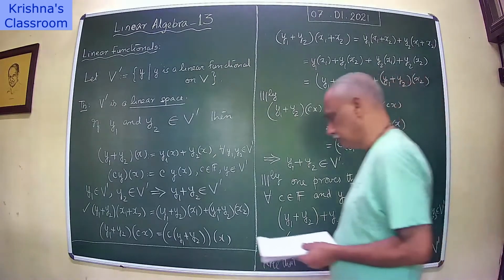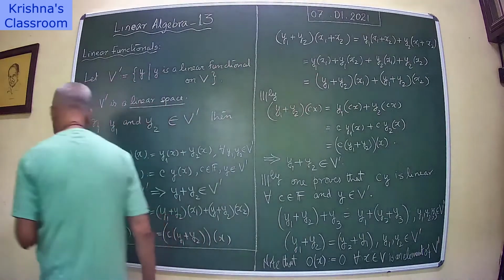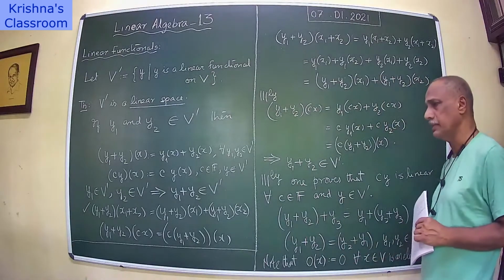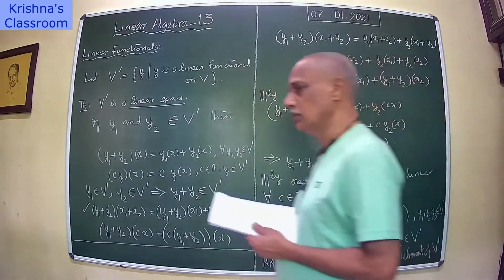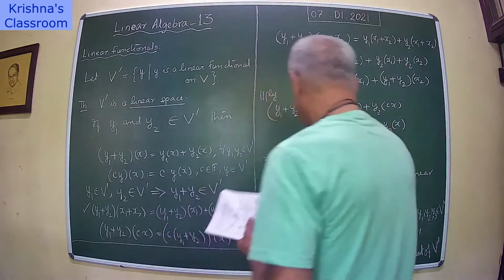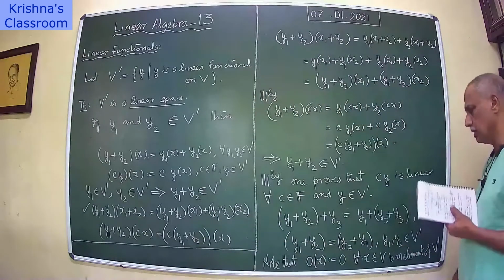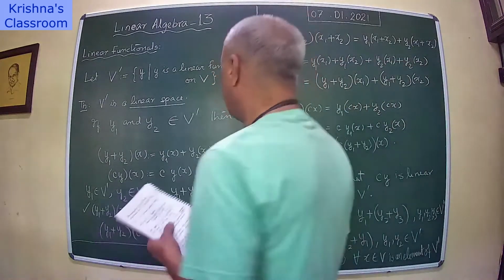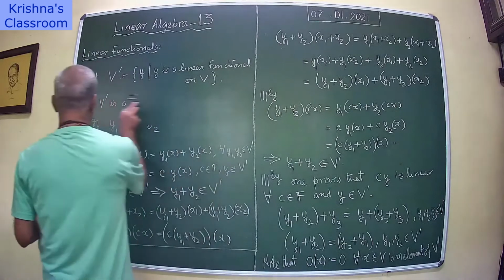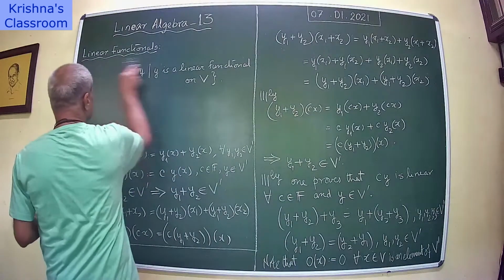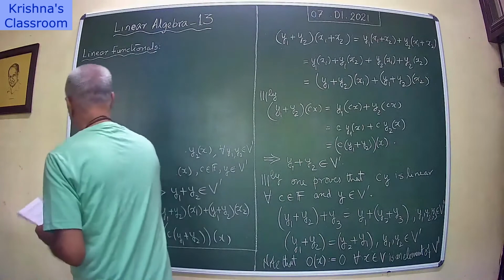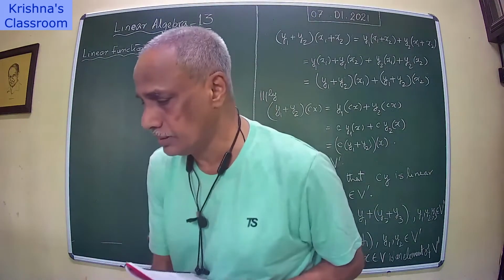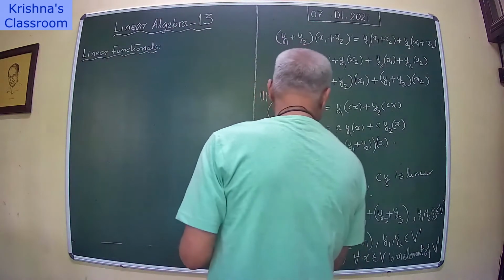What do you have to show? This is a linear function because what you have to show is that 0 of x1 plus x2 equal to 0 of x1 plus 0 of x2, and 0 of cx equal to c times 0 of x. I mean, they are trivial. What more do you have to show? You have to show that 0 is the identity element.